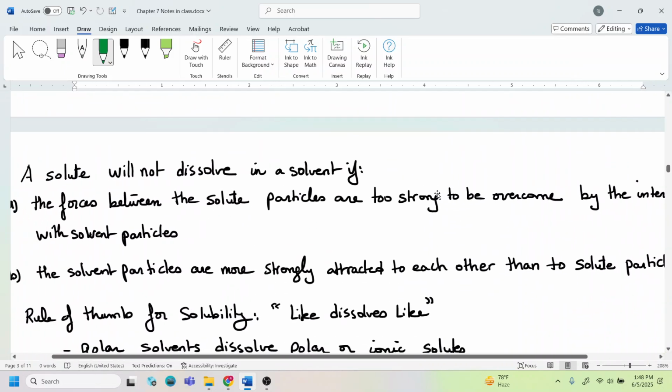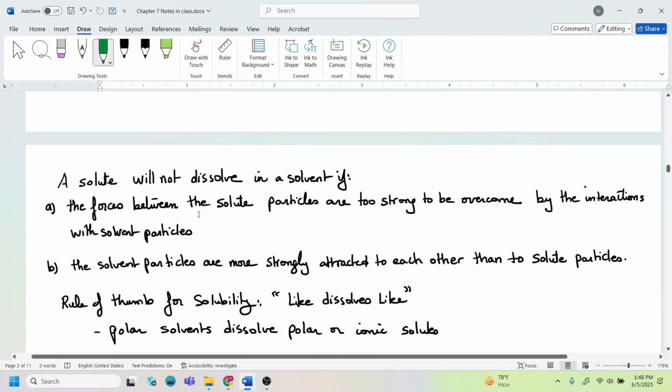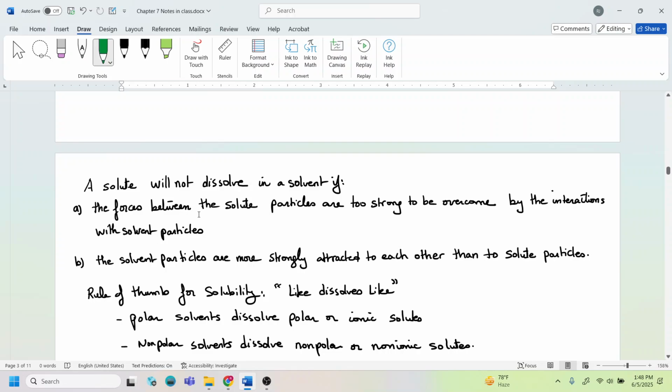Always remember, you guys, that a solute will not dissolve in a solvent if the forces between the solute particles are too strong to overcome by the interaction with the solvent particles. This means that if you have different phases, an organic phase and an aqueous phase, definitely they are not going to interact with each other.